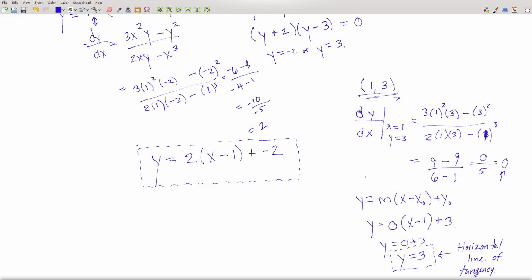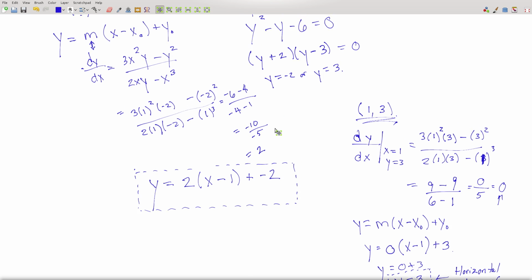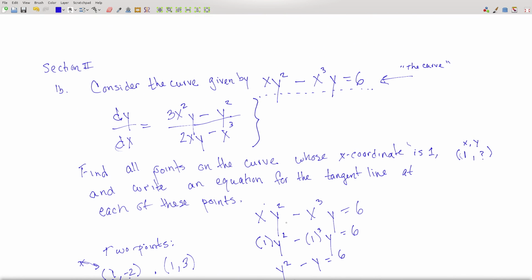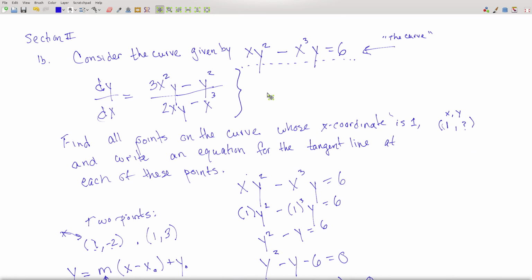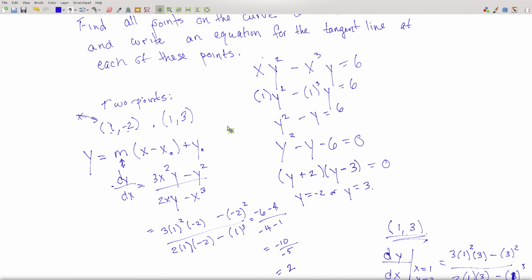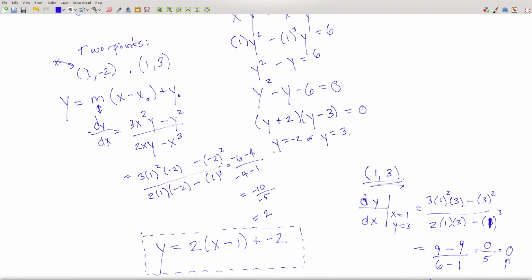And here we have satisfied everything. We've done everything the question has asked for. Let's take a close look to make sure that we found the points where x is 1. And how did we do that? Well, we went back to the original equation and we replaced all the x's with 1s, and then we solved for the y's. By doing that, we found the two different values of y when x is equal to 1.